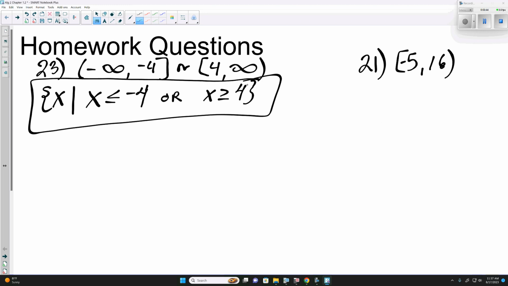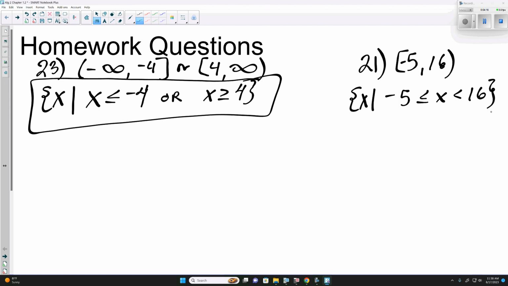So the first thing we need to do is set this up because we're talking about the interval between -5 and 16. Our inequality would be -5 is less than or equal to x is less than 16. Because we have two numbers in the interval, we'll have two numbers in our inequality. And then we do this for set builder because this one's asking for set builder for this whole set.